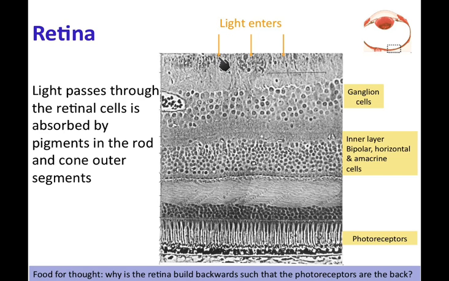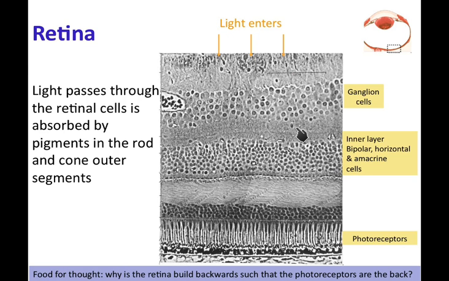That seems like a common sense thing to do. But in fact, in most animals, the photoreceptors are at the back. There are a few animals, like a couple of types of fish, where the photoreceptors are at the front. The retina is actually transparent, so light does go through all these layers, and the reason that it looks dark is because we've stained the cell bodies so we can see them under the microscope.